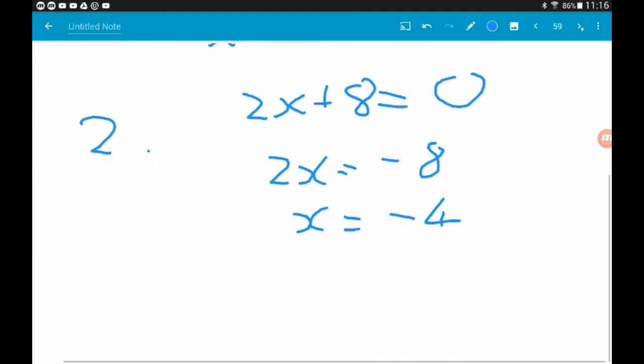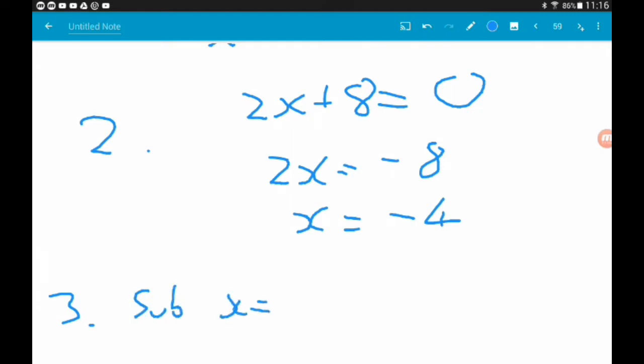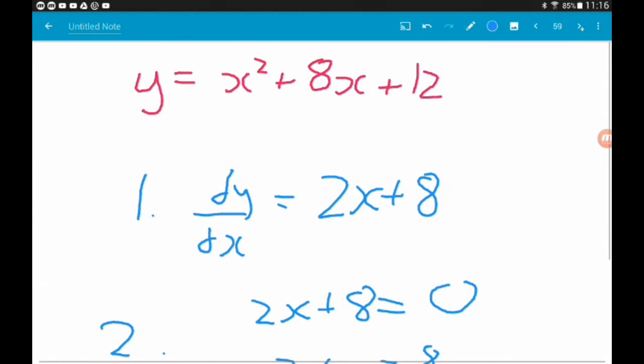So for step 3, we sub in x equals minus 4 into the function. So the function is x squared plus 8x plus 12.